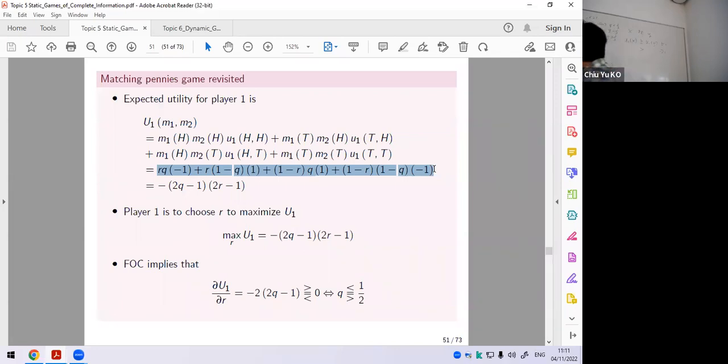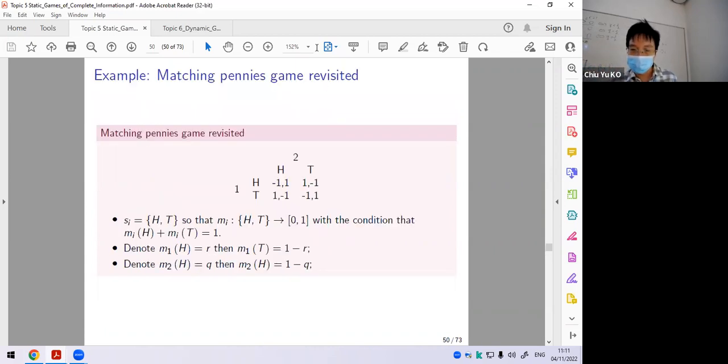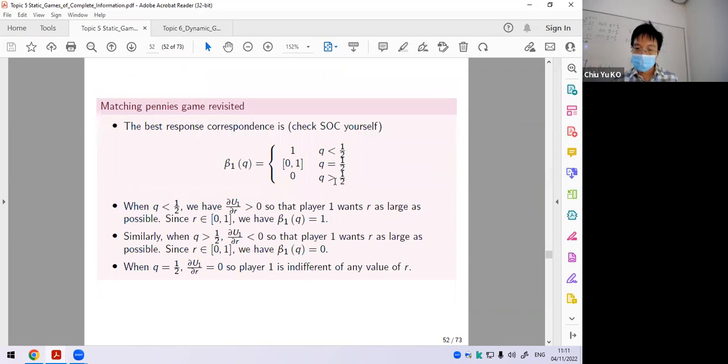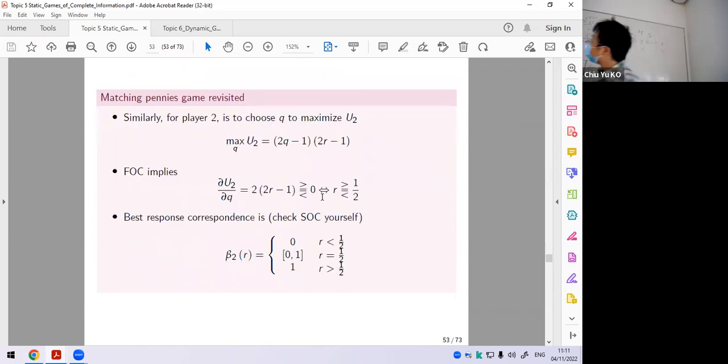Maybe I should just derive it. Otherwise, it's better to derive it. So this is what I have in this line. If you derive this, it essentially says that when R is 1/2, you can still do whatever you want.